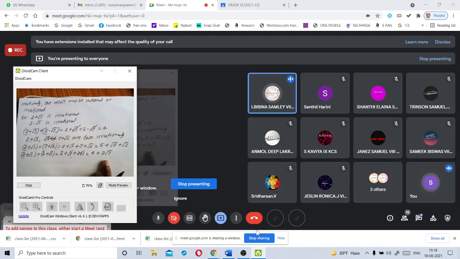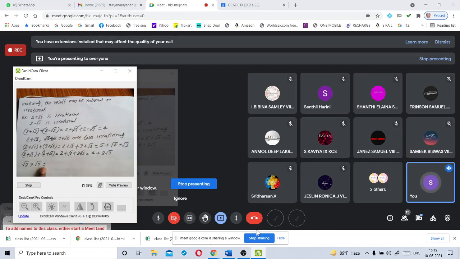Sir, then when can we add the root numbers, sir? We can't add root numbers. At any cost, we can't add or subtract root numbers. Please remember this point, my children. But we can multiply root numbers. For example, root 2 into root 3.